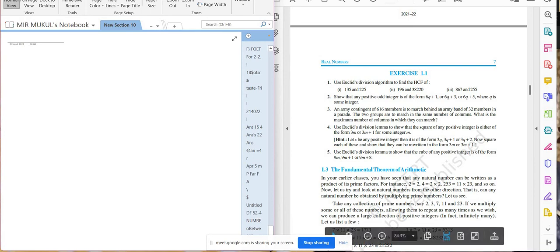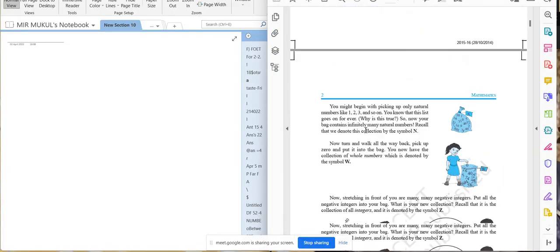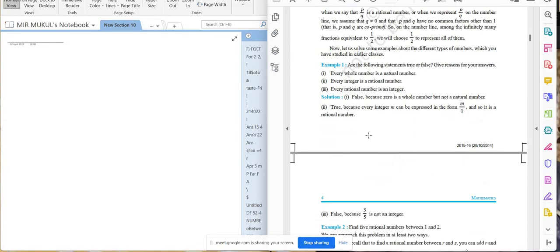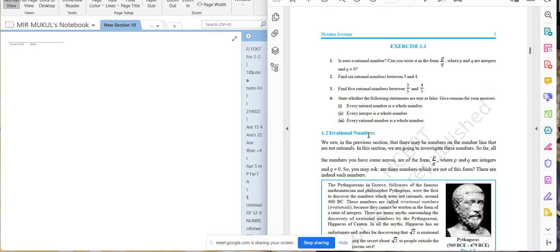And class 9, your first exercise: first of all you have to tell whether 0 is a rational number or not. 0 can be expressed as p by q, so it is a rational number. Then find 6 rational numbers between 3 and 4. Find 5 rational numbers between 3 and 5 and 4 and 5.